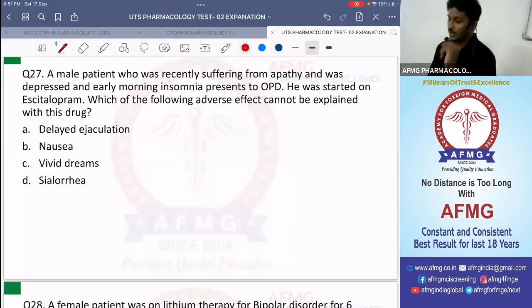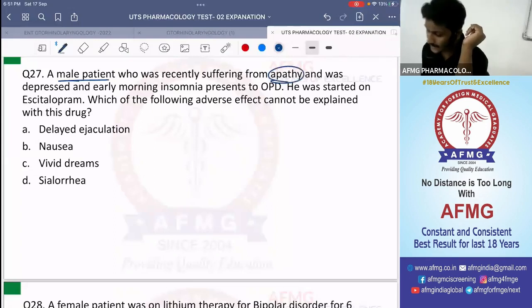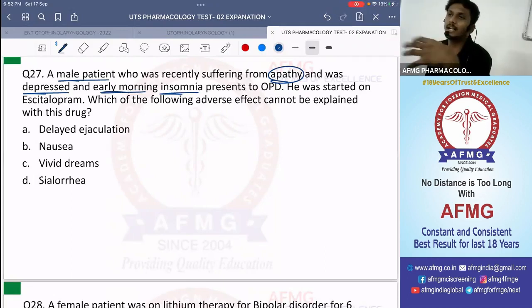Question number 27 again: a male patient who was recently suffering from apathy and was depressed. Apathy is lack of interest in any activity, okay, and he was depressed, and early morning insomnia was also there. That means the person is waking up 2 hours before the normal awakening time, okay. If he used to wake up at 7 earlier, now he wakes up at 5 and sits up.